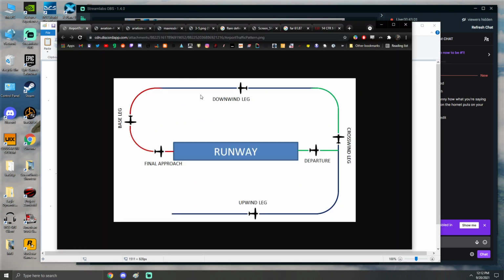We're planning this whole process, right? Changing those configurations, trying to nail that speed and configuration at a certain distance to the runway to maintain that 500 foot per minute descent rate all the way down to the runway. That is a planned and managed approach. Anything else, consider it an unstable approach, right? Those are all things to keep in mind.